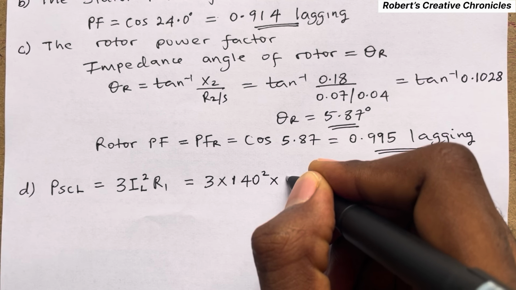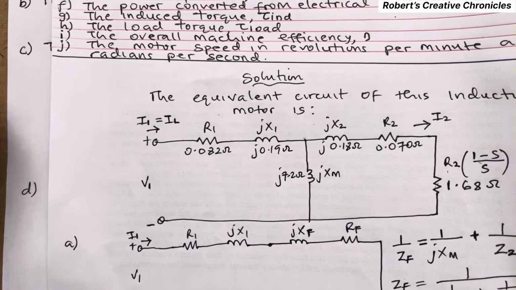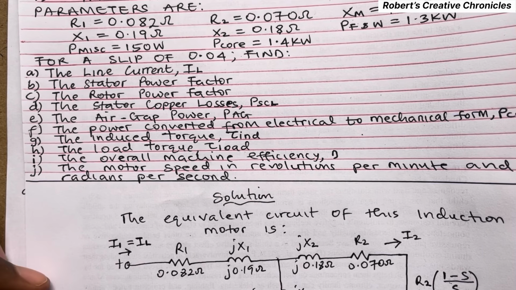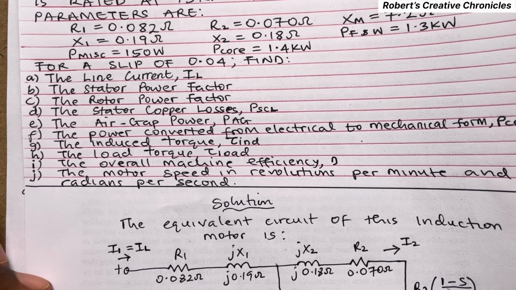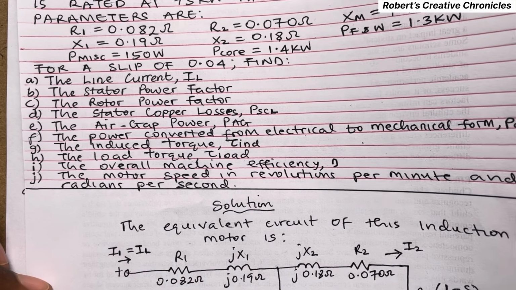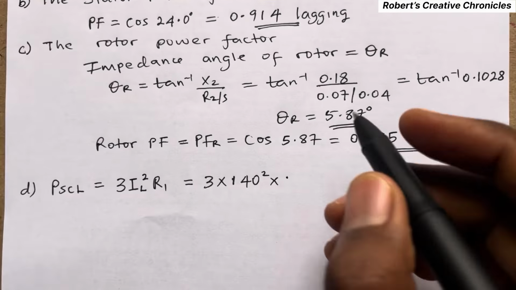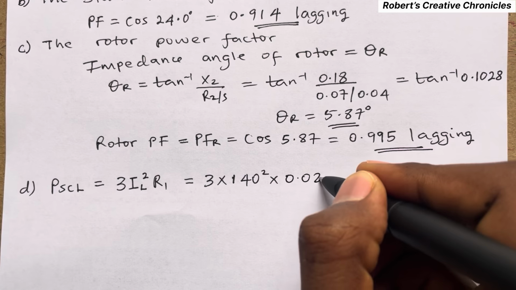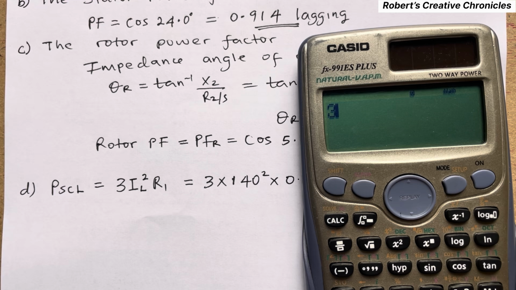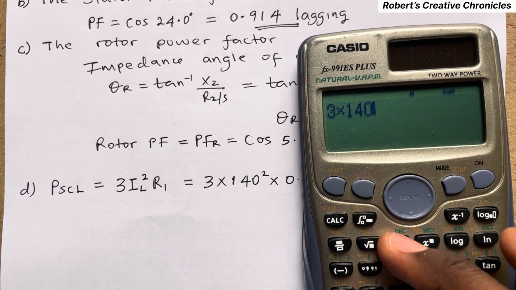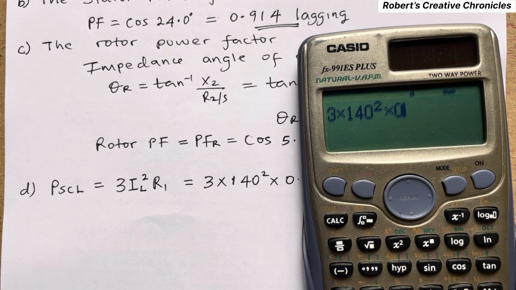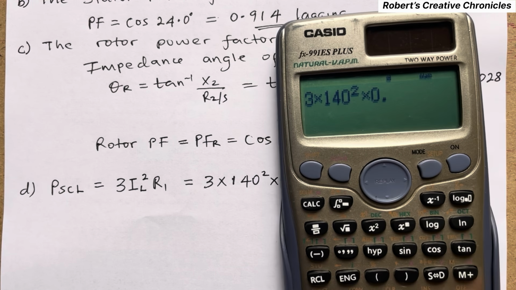What is R1? 0.082. This is 3 times 140 square times 0.082.